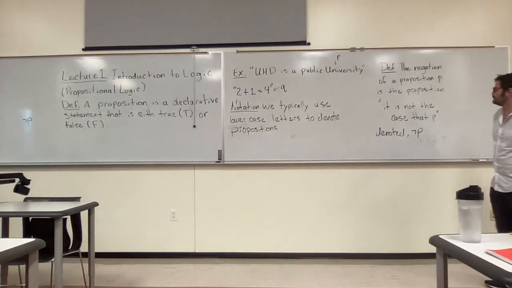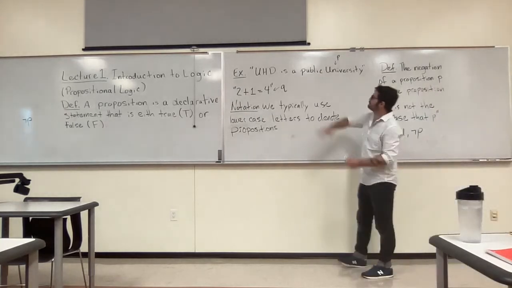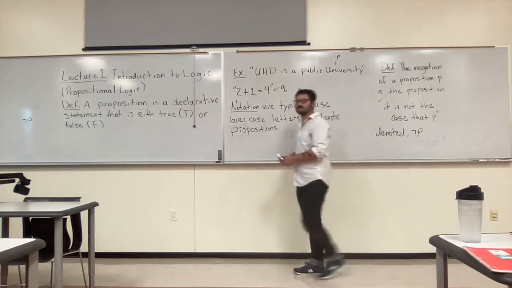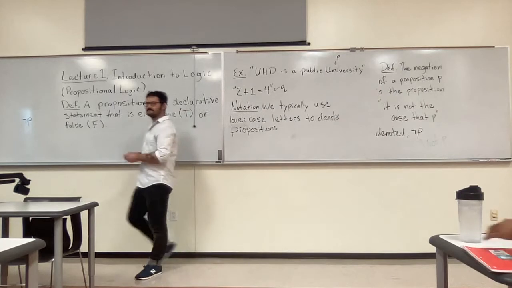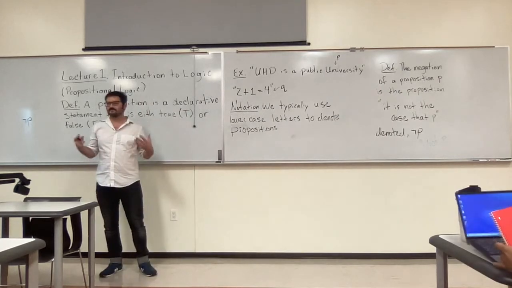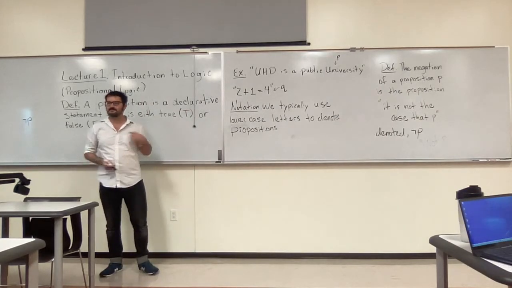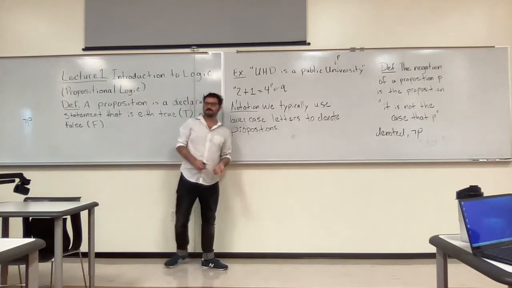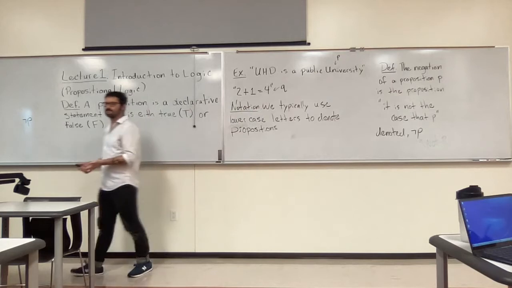So if we look at this proposition P here, UHT is a public university, then the negation is: it is not the case that UHT is a public university. Or UHT is simply not a public university. That's the negation of P. The negation of Q would be 2 plus 1 is not equal to 4.